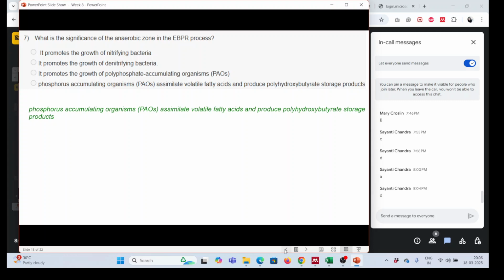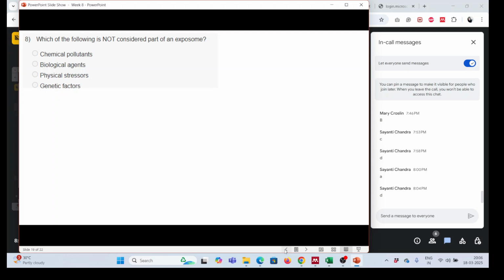Very simple. The next question is, which of the following is not considered part of the exposome?